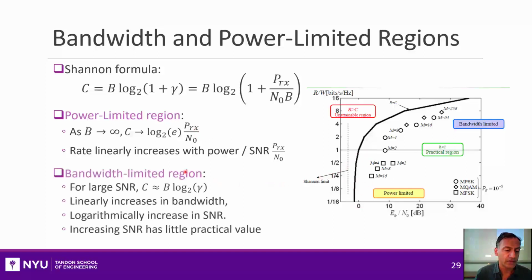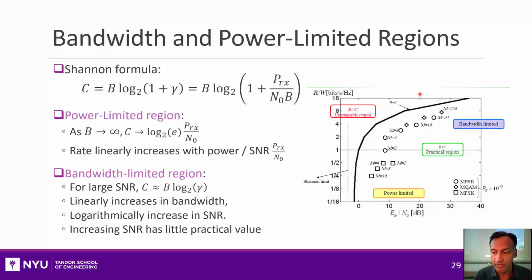On the other hand, when the SNR is very high, or the bandwidth equivalently is very limited, you'll see here that the capacity is approximately log of this SNR. In this case, the SNR continues to improve the capacity, but at a much, much slower rate. And you'll see in practical systems that the rate improvement with SNR is even more limited and generally saturates.